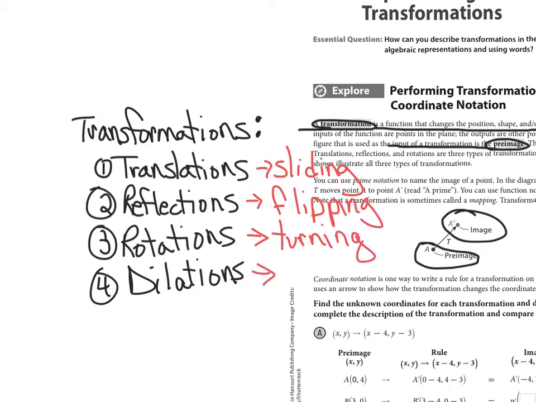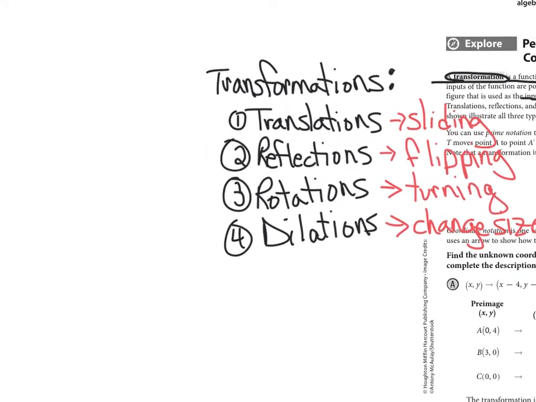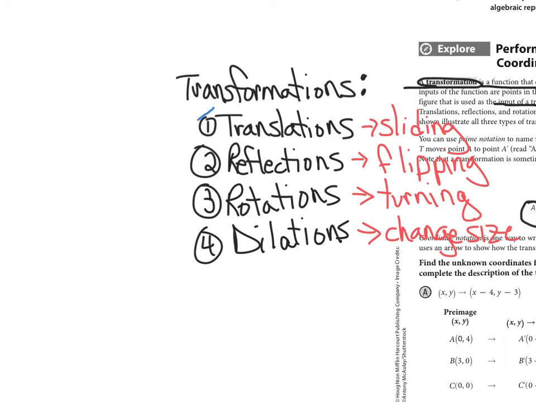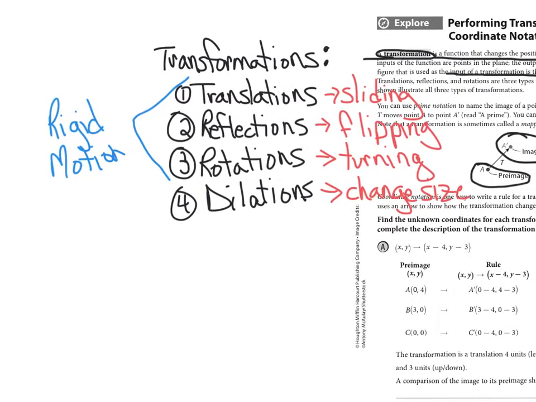Now, a dilation will change the size, and it is the only transformation that actually changes the size. So these, because they do not change the size of a figure, we say they have what we call rigid motion. You just pick it up and set it somewhere else, but it doesn't change size. And rigid motion is a huge concept in geometry.